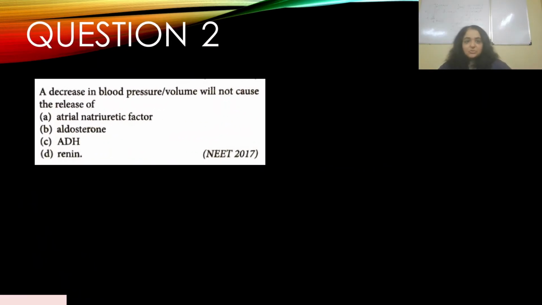Okay, so question number 2, let's see if we can answer this based on the information that we have. A decrease in blood pressure or volume will not cause the release of... and this appeared in NEET 2017. A decrease in blood pressure or volume will not cause the release of, obviously, atrial natriuretic factor or ANP.